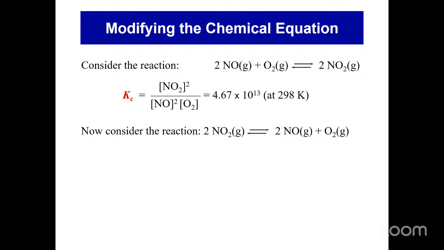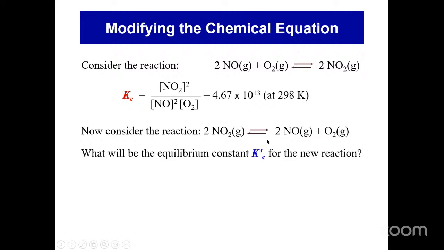You're flipping the reactants and products. So the question now becomes, how does that affect the Kc value for this in relation to the Kc value that was given here initially for this reaction? Well, what we can do is write down the Kc expression for this, and we're going to call that Kc prime, just to make a distinction between the new Kc value and the old one, right? So if you were to write down the Kc expression for that, what would that be equal to?